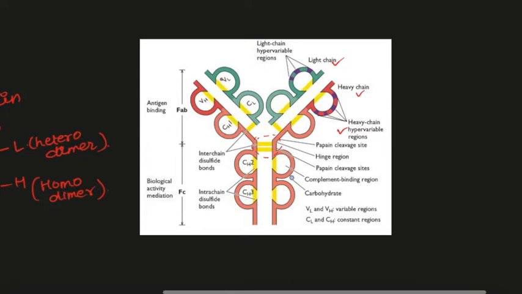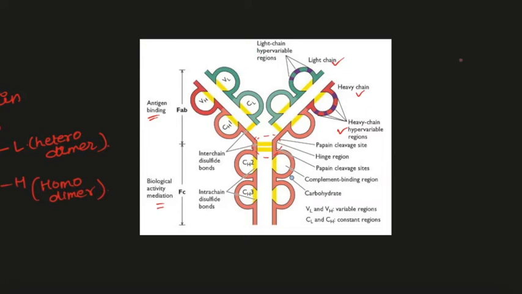Then this portion is also called the FAB region. This portion is called the FC region. The FAB region is the region where the antigen binds, and the FC region is the region for crystallization, which is responsible for biological activity mediation. What it means, we will say in a later segment.